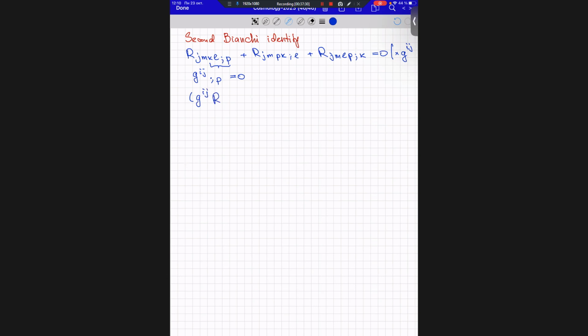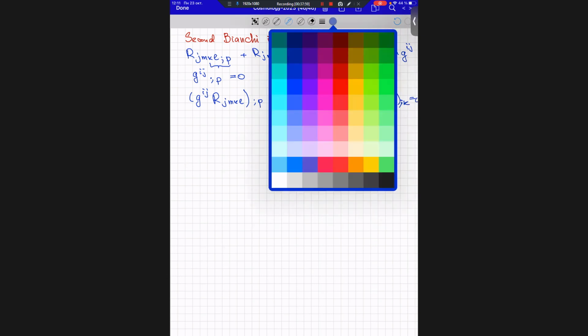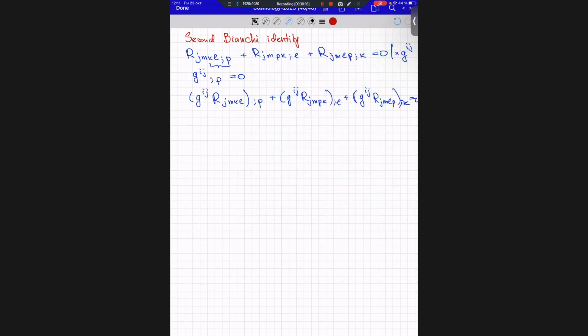So I can write all this like this: g^{IJ} R_{JMKL} covariant P, plus g^{IJ} R_{JMPK} covariant L, plus g^{IJ} R_{JMLP} covariant K. What I can see in the first summand is that the metric tensor raises an index, so one of the indexes will become contravariant.